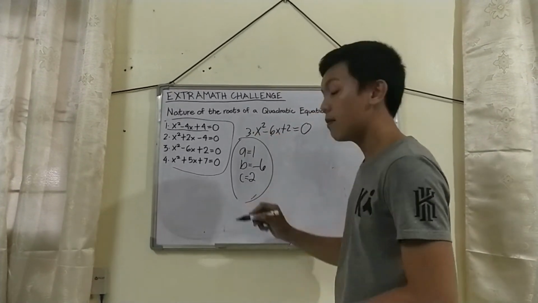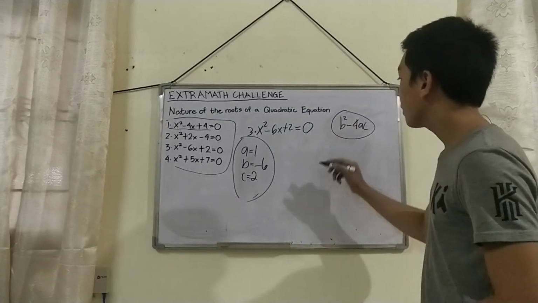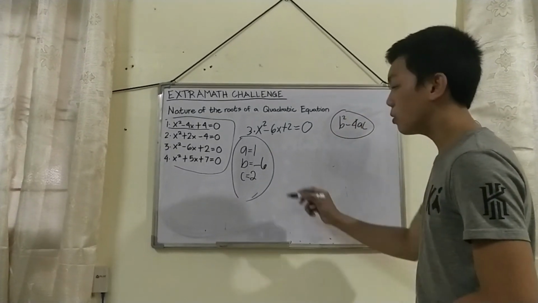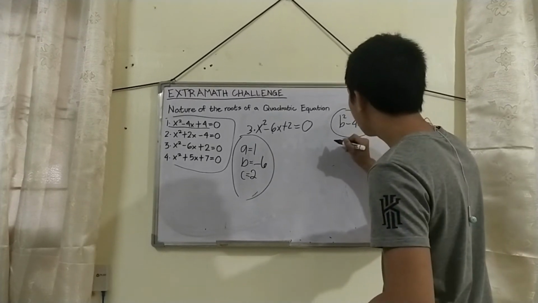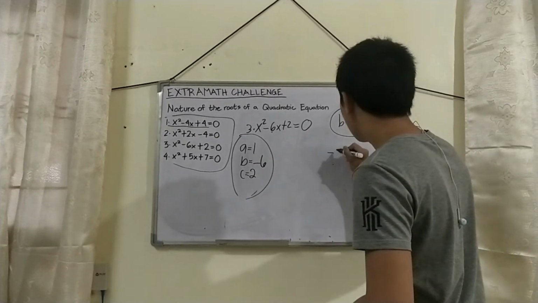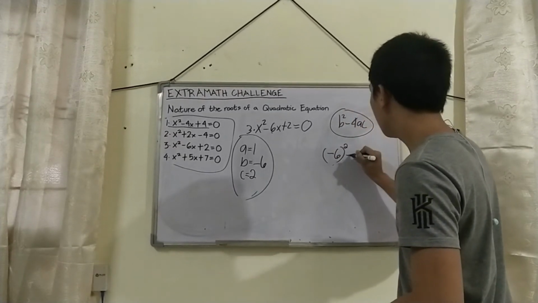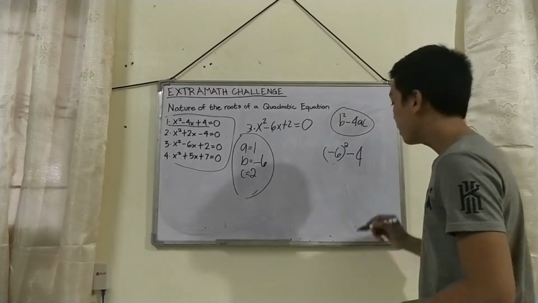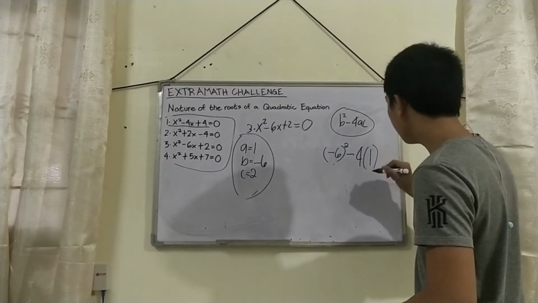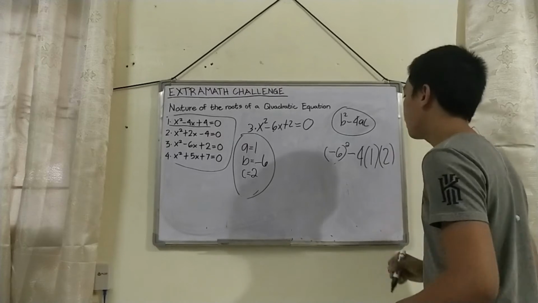Now that we have identified the values of the variables, we're going to substitute again the values in the formula. b is equal to negative 6 squared, minus 4, the value of a is 1, and the value of c is 2.